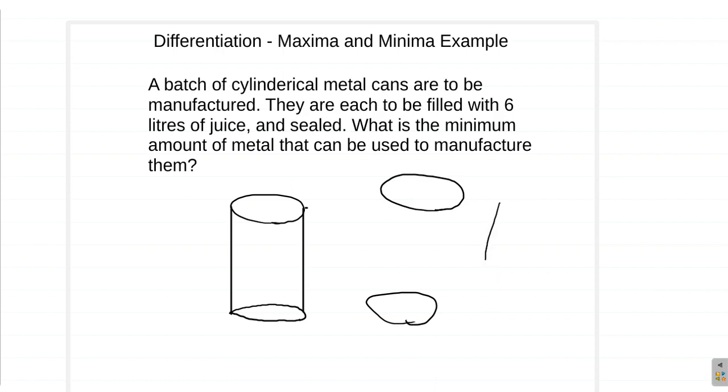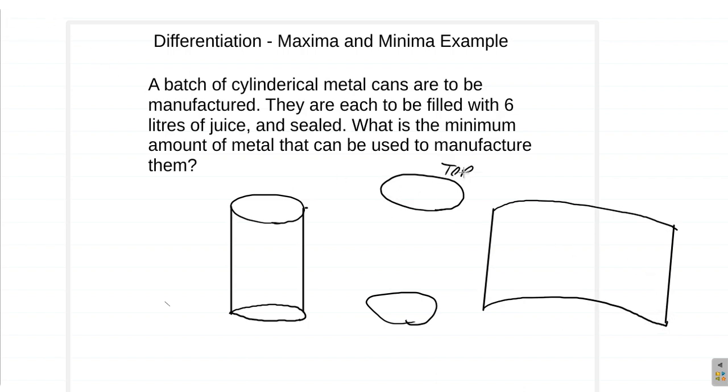If we consider the sides of this container and we cut it open, we would have something like this if we don't fold it completely. You know, this side of a container. Now, the top, what is the area?